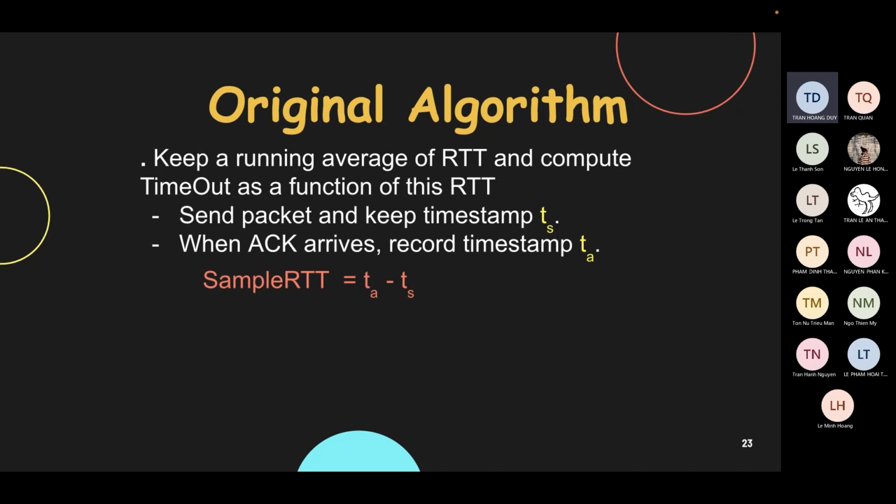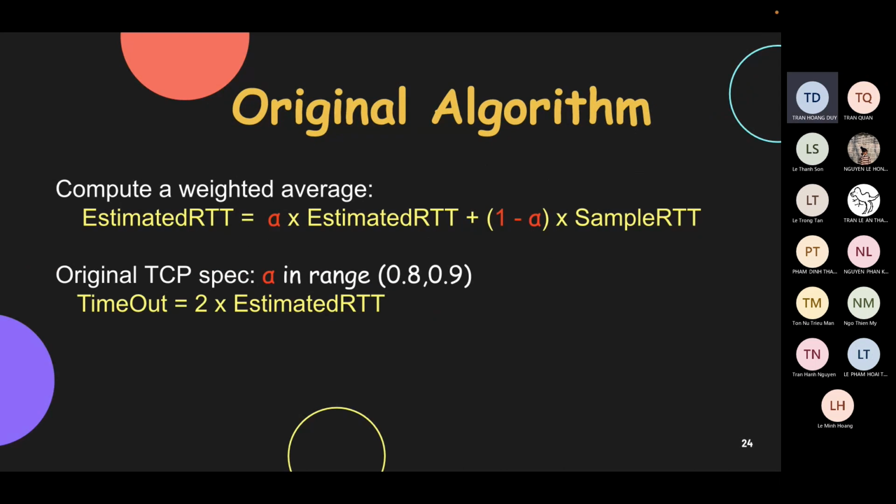So here's the original algorithm. Keep a running average of RTT and compute timeout as a function of this RTT. Send a packet and keep a timestamp, denoted by Tx, and when the ACK arrives, record a timestamp, denoted by Ta. So we have the formula: SampleRTT = Ta - Tx.